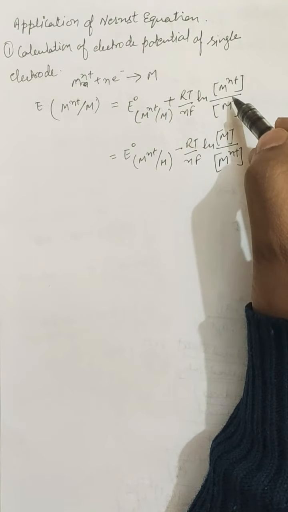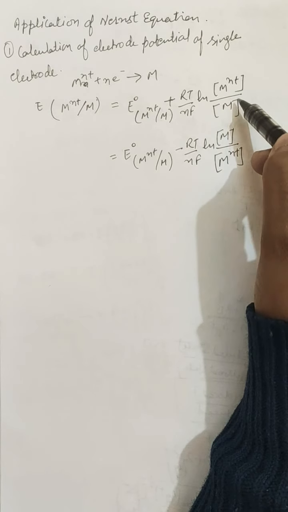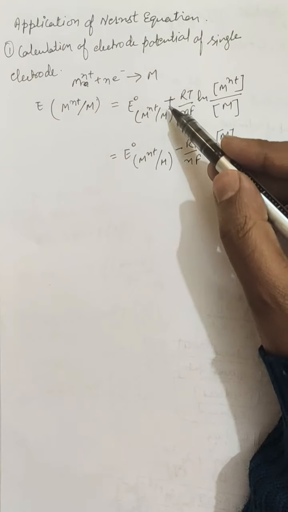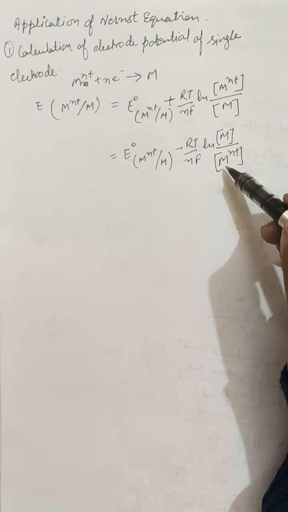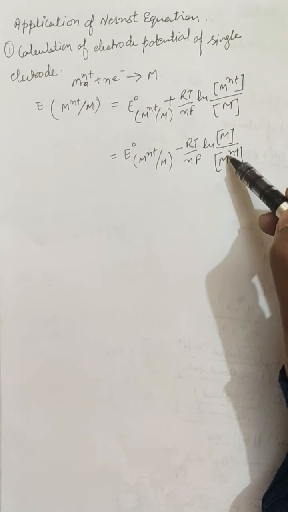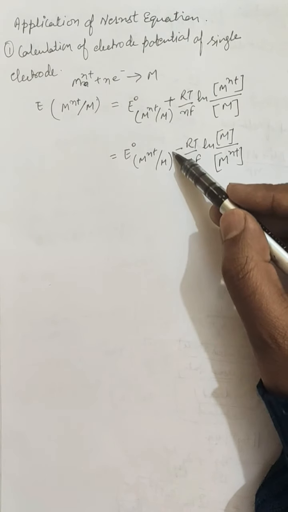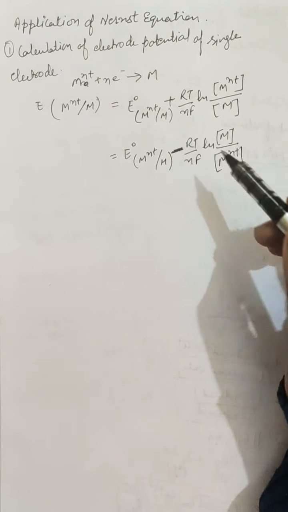The difference lies in the numerator and denominator. In the first equation there is a positive sign, whereas in the second equation the numerator and denominator have changed their positions with each other and the sign has been changed to negative.